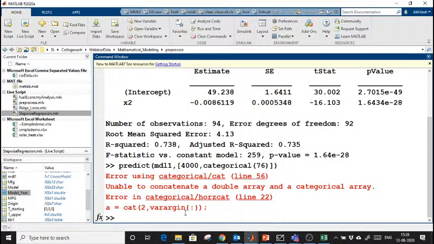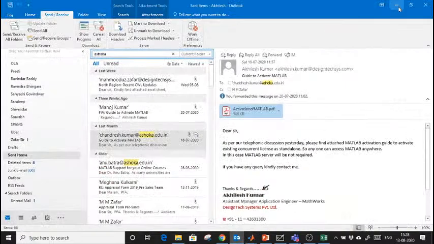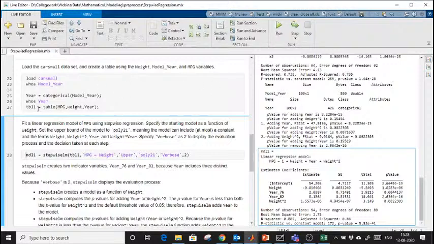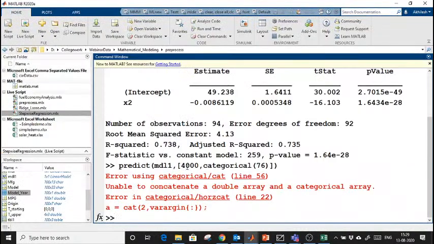The reason is that here we have to provide input as a table, and what I did here was provide input as a matrix, and in a single matrix you can't have a numeric value and also a categorical value.